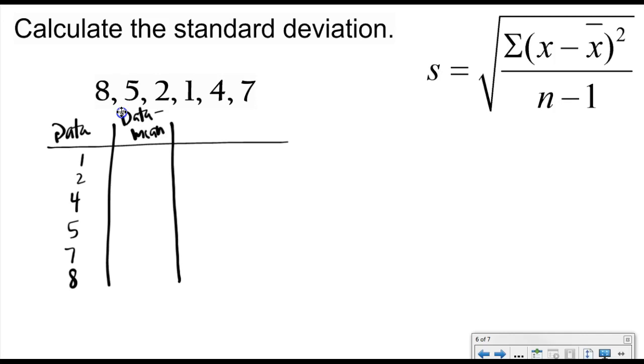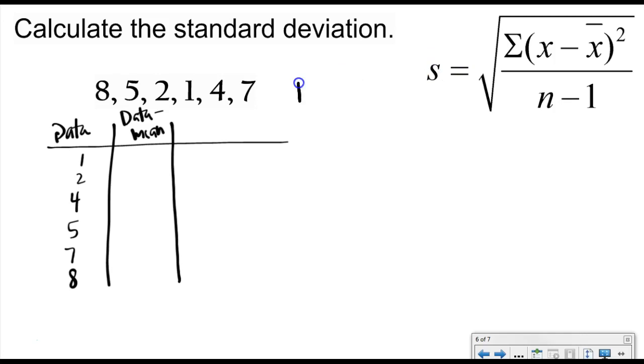So using my calculator, I find 8 plus 5 plus 2 plus 1 plus 4 plus 7. I think we get 27, and we're dividing that by 6, which is 4.5.